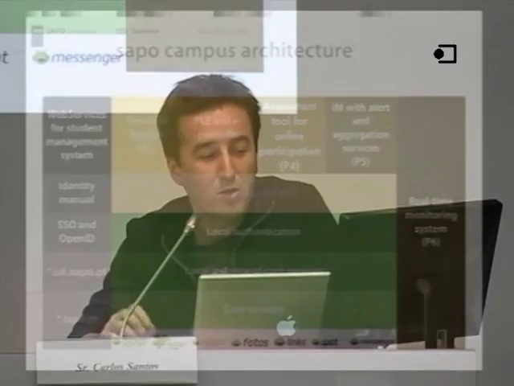We picked up the core and made some local instances for the university. We integrated the authentication with a federation between the university and SAPO. So we are using Shibboleth for authentication, and we started building the other services that we were talking about before.